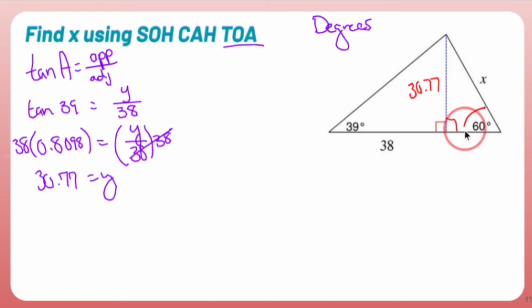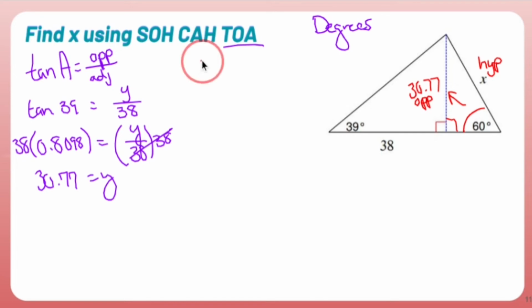Okay, I'm going to look at 60 and compare this guy and x to 60. That guy is opposite compared to 60. X is my hypotenuse no matter what. And don't be like, it's also adjacent. Yes, but it's my hypotenuse. So I need the guy that uses my opposite and my hypotenuse, and that would be sine.